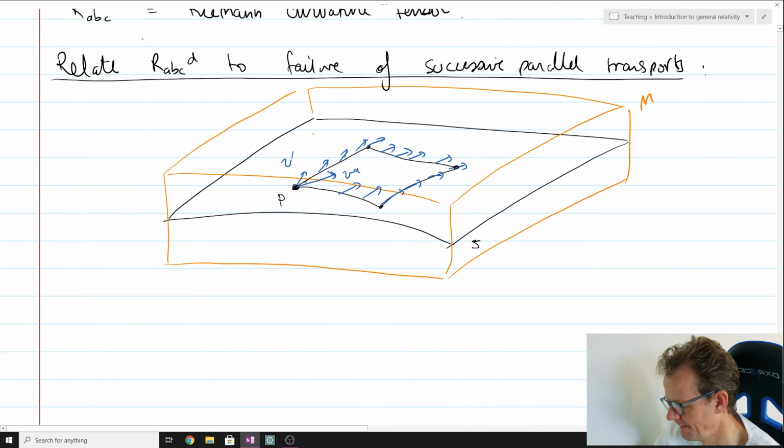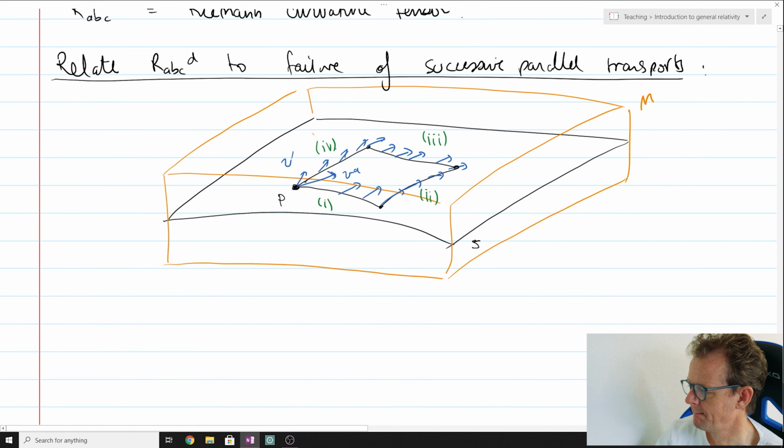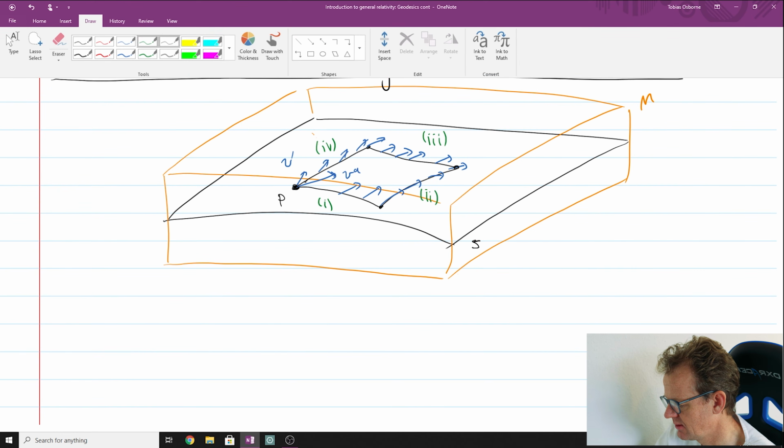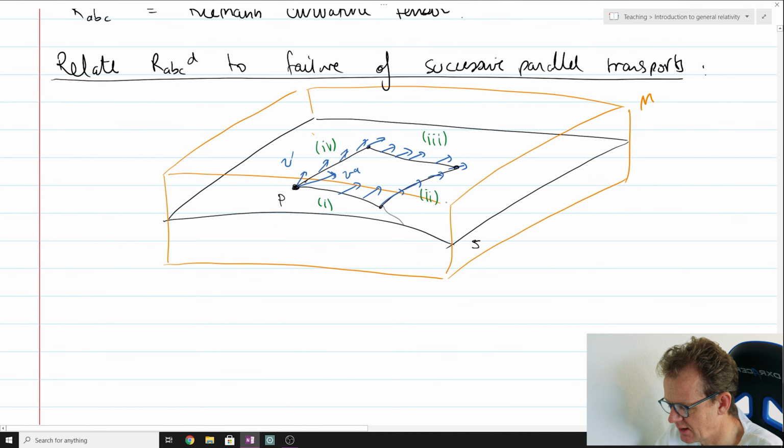So you've got 4 portions to this parallel transport, depending on where you're going around this little square. And we're going to make things a little bit easier, we're going to coordinatize our manifold and say that these portions are on constant coordinate lines.